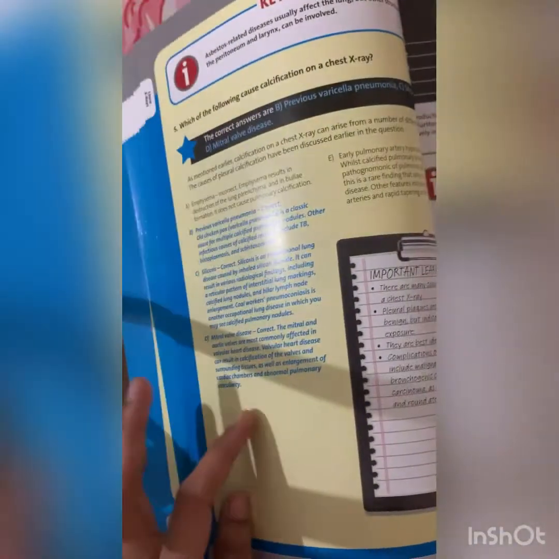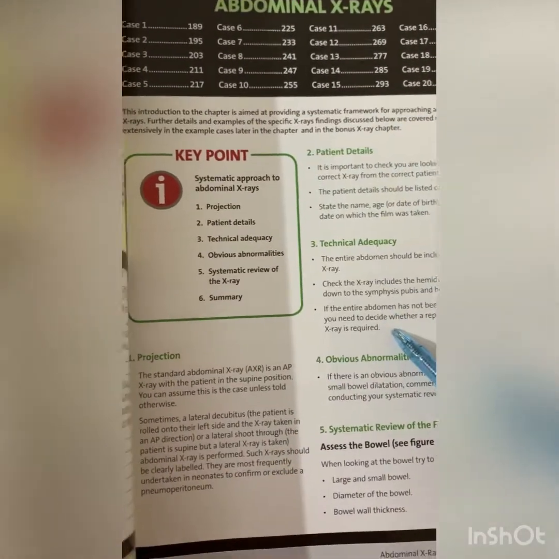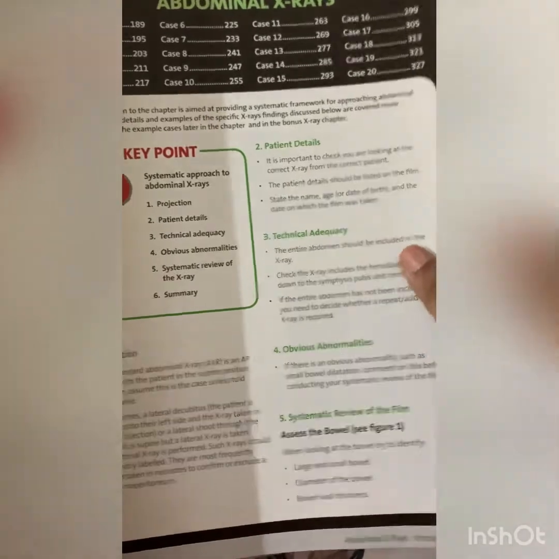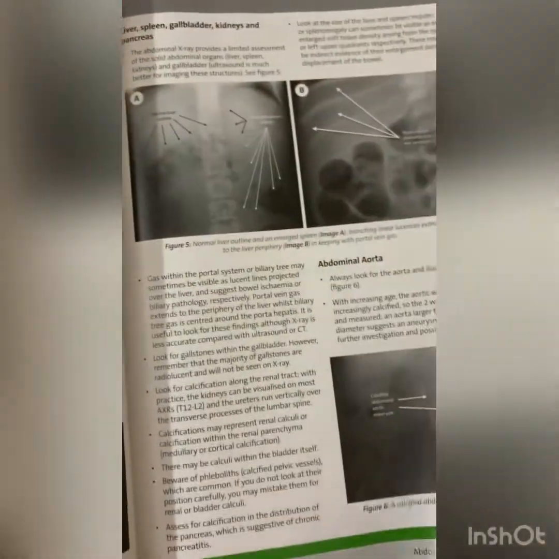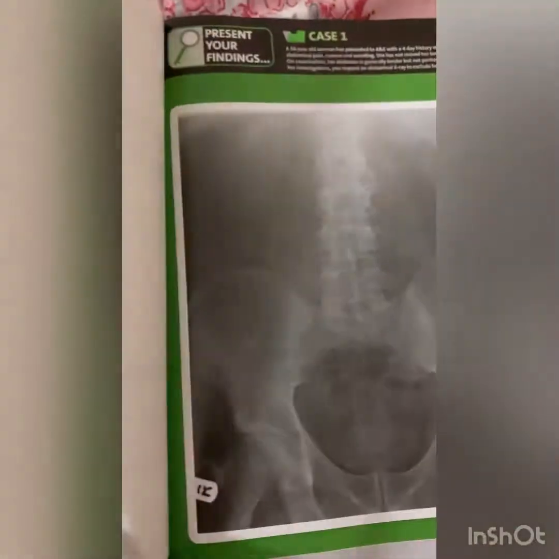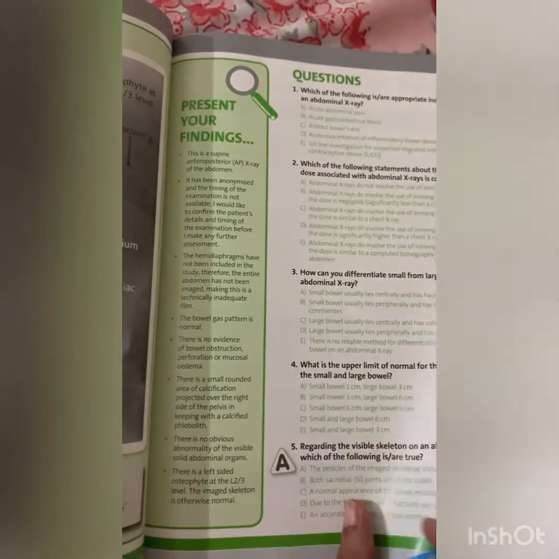Just like the chest X-ray, in the abdominal X-ray first of all the introduction is given, that is, how you have to interpret the abdominal X-ray, normal and abnormal findings, anatomical markings, and different diseases. This is the summary of how you have to interpret the abdominal X-ray, and these are the clinical cases related to the abdominal X-rays.